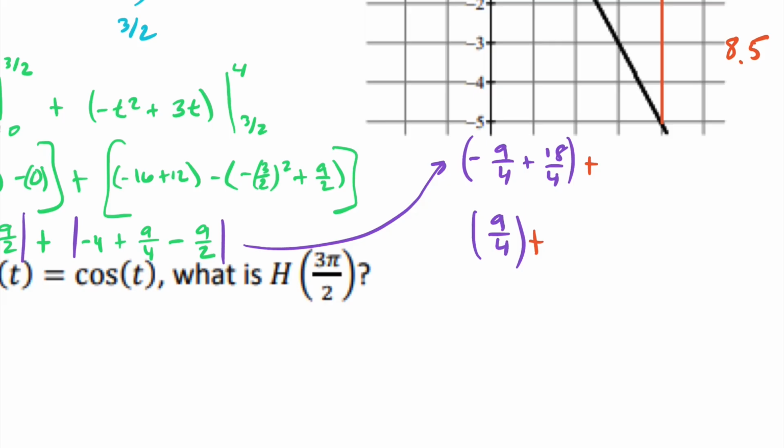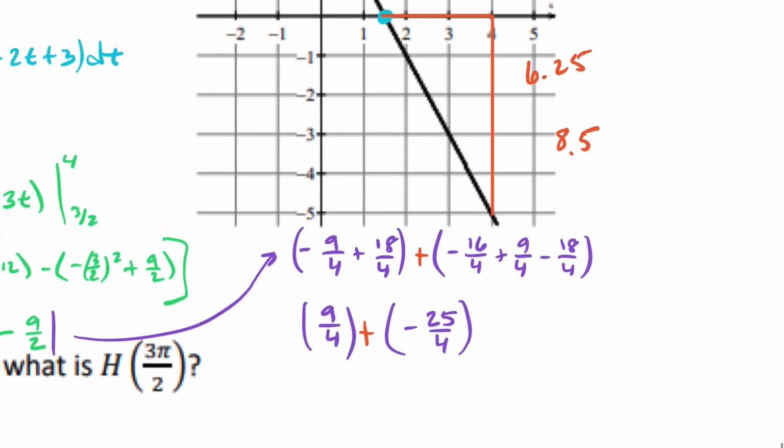We're going to put everything in terms of fourths. So negative 16 fourths plus 9 fourths minus 18 fourths. That is 9 minus 18 is negative 9, and then negative 16 is negative 25 fourths.